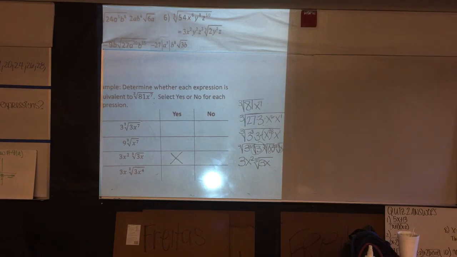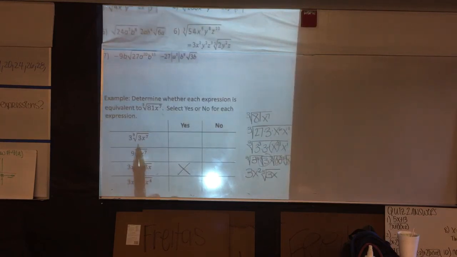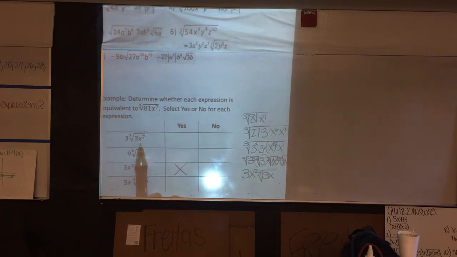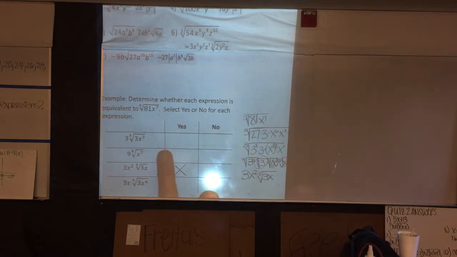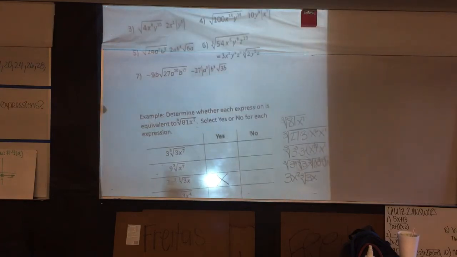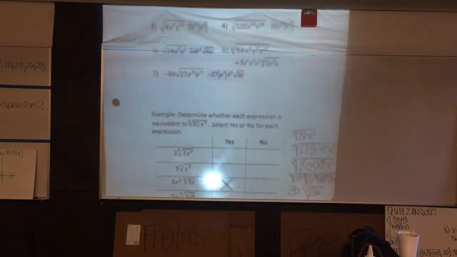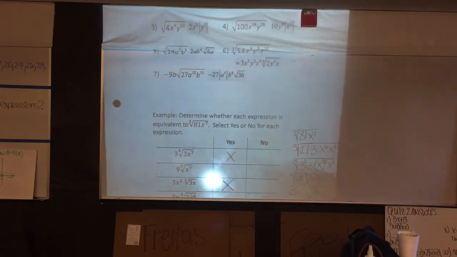Okay? Notice here, in this one, they didn't take out the whole x. They left all of the x's inside and still had x to the 7th. Well, if I had left my x squared inside, it would still be x to the 7th, if I'd only taken out the 3. So one way I could think about it that way and save myself some time and mark yes, but I can prove it another way.